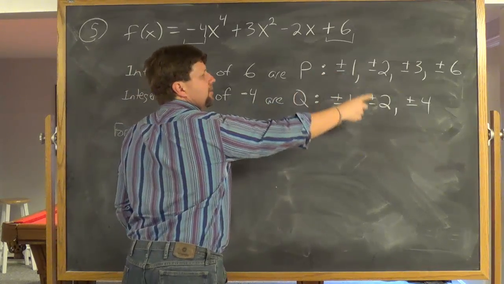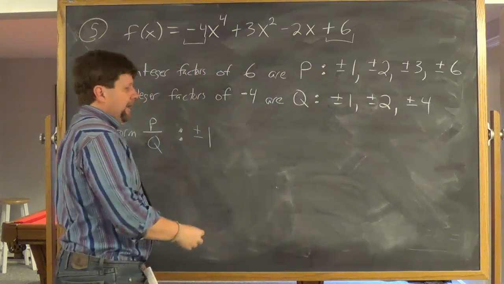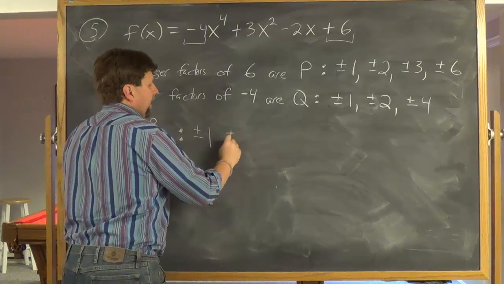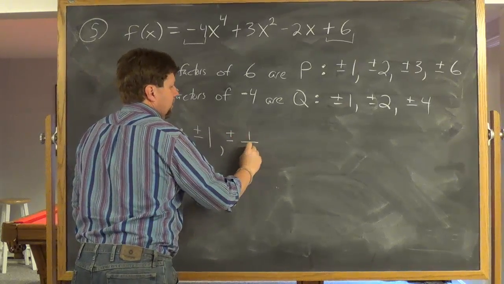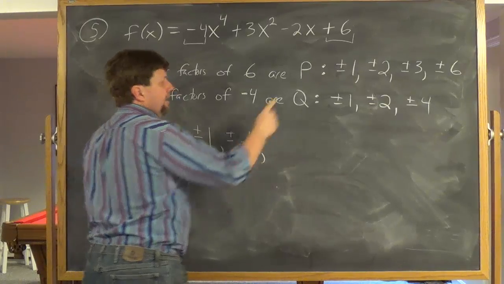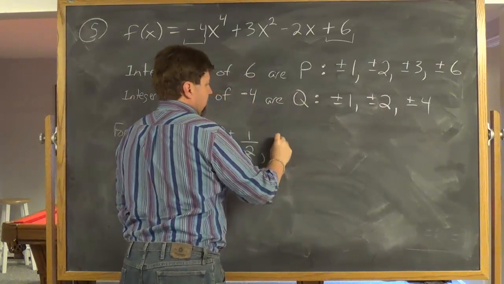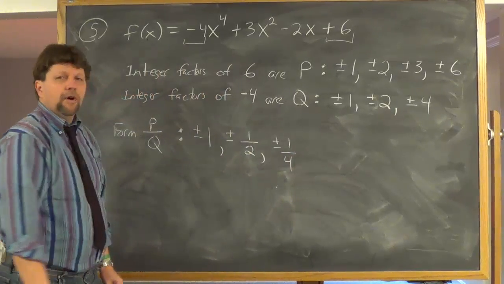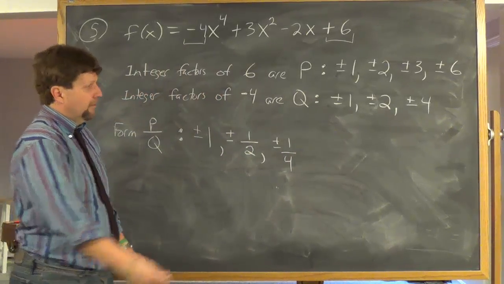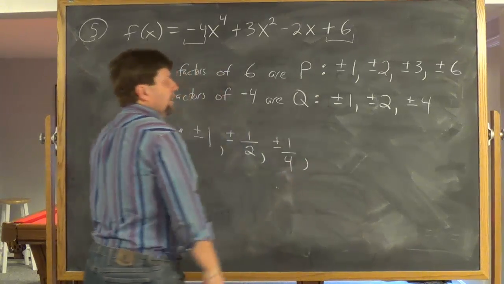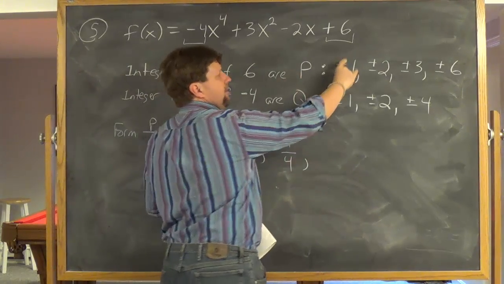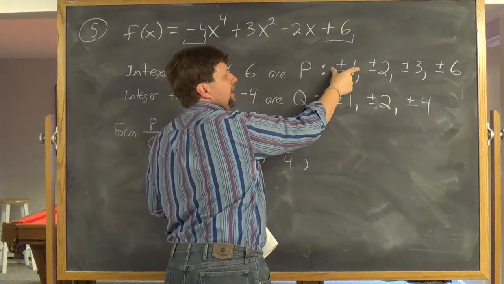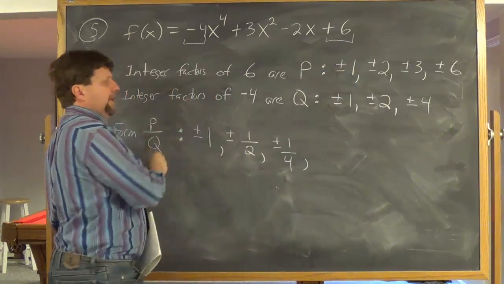Then plus or minus 1 over plus or minus 2, well, that gives me plus or minus 1/2. Then next I have plus or minus 1 over plus or minus 4, which is just plus or minus 1/4. Okay, so I've taken care of all combinations where this would be in the numerator of p over q.